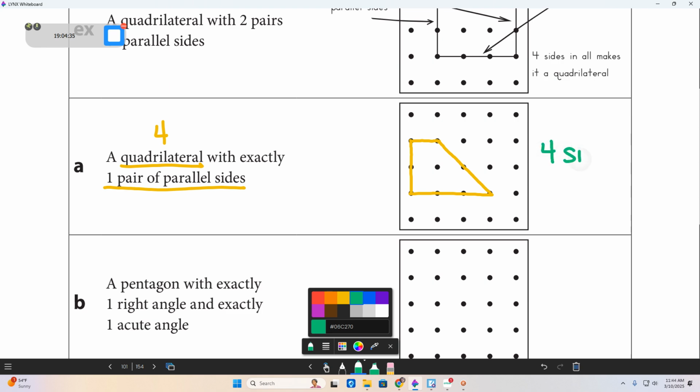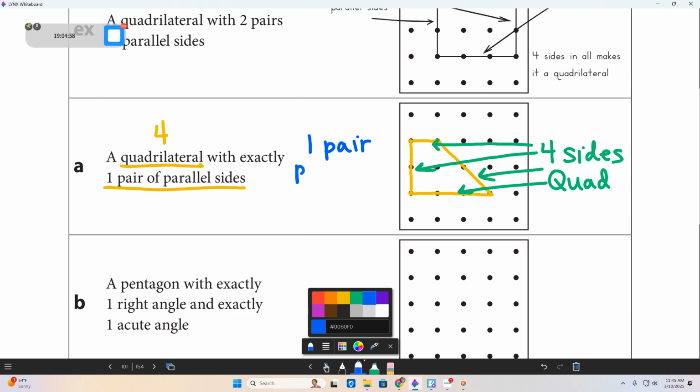So I'm going to write that it has 4 sides, which means it's a quad. And you could draw, if you wanted, an arrow to all 4 sides, okay, to show that it's a quad. And we also want to show that it has 1 pair of parallel sides.